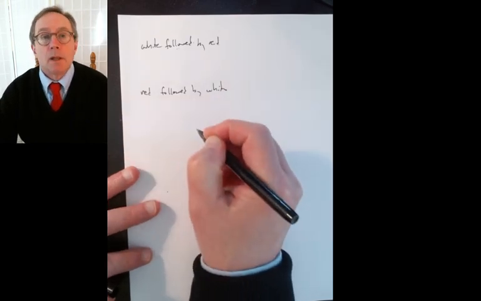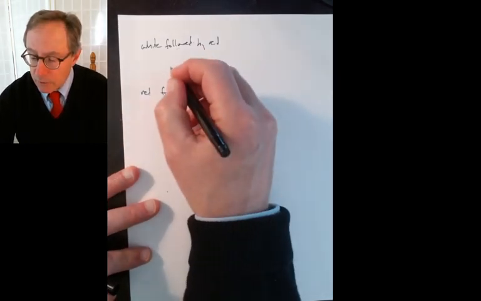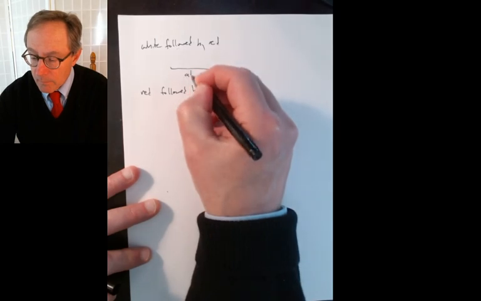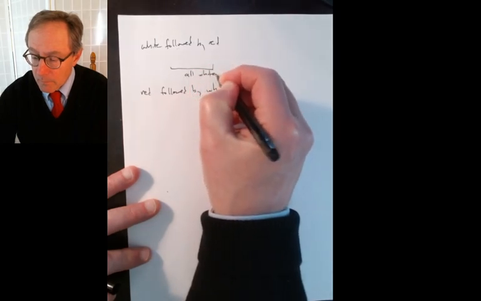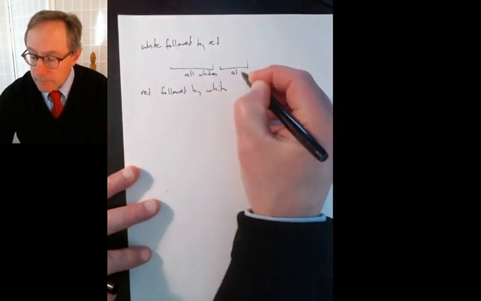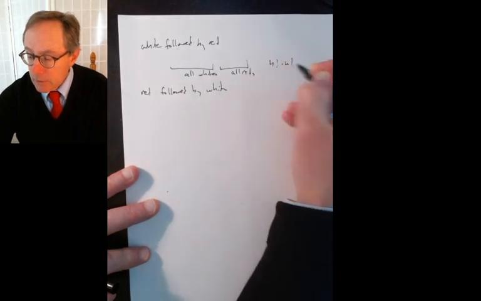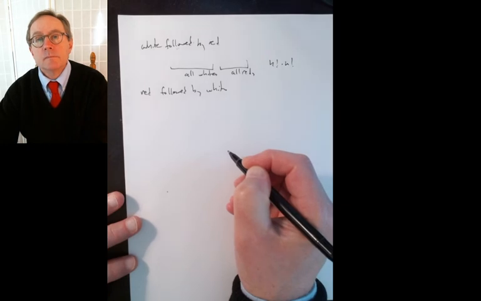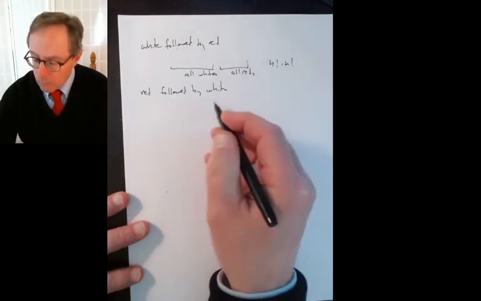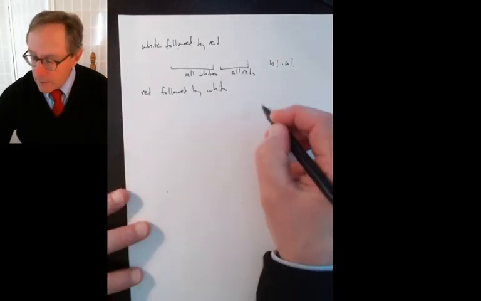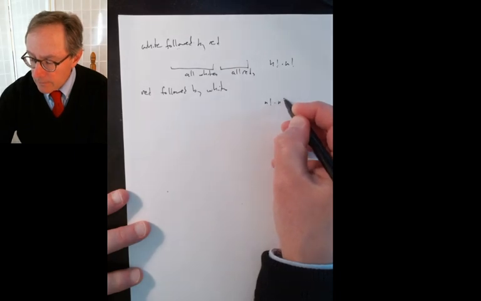White followed by red is you arrange all the whites and then you arrange all the reds. So that's n factorial times n factorial. Red followed by white, surely that's exactly the same thing: n factorial times n factorial.